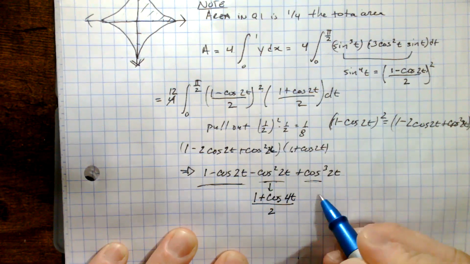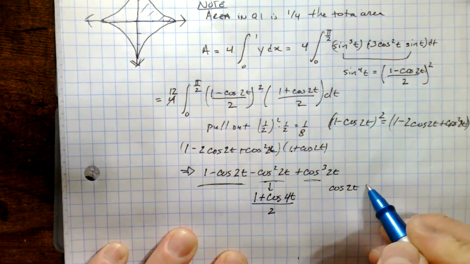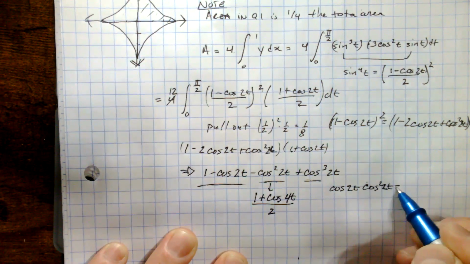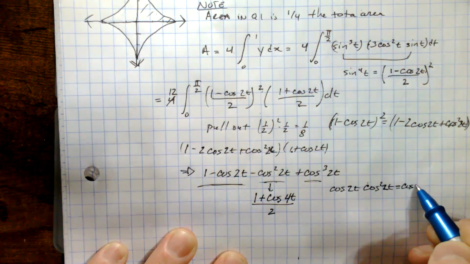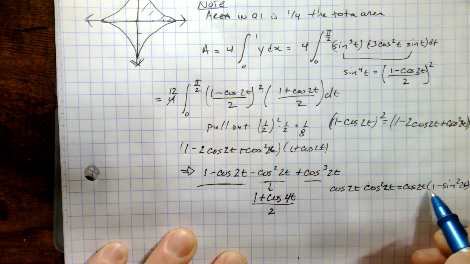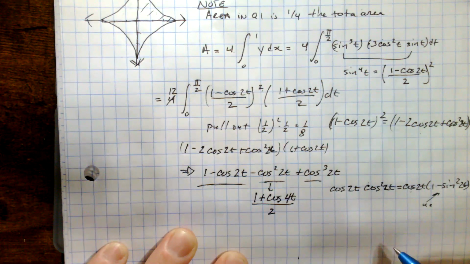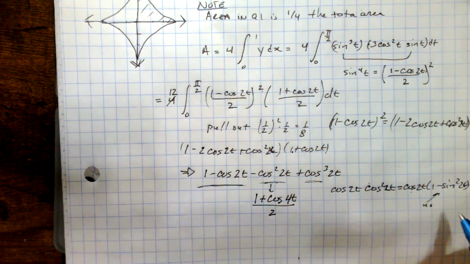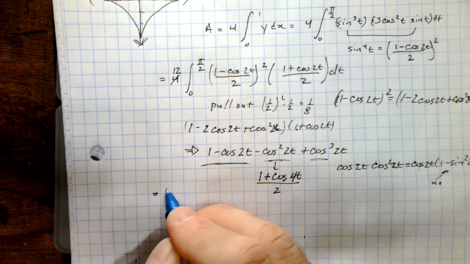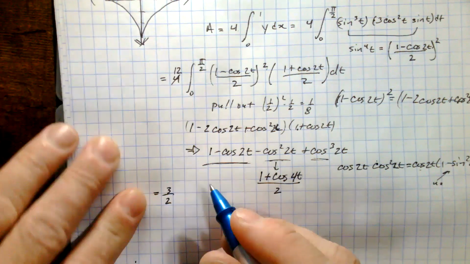And then this one is cosine of 2t times cosine squared of 2t, which will equal cosine of 2t times (1 minus sine squared of 2t). Then I'll let u equal this, and du will include that, and then I'll integrate. If I do all of that, this is going to equal 3 halves, coming from here: this is 12 divided by 8, reduced to 3 halves.